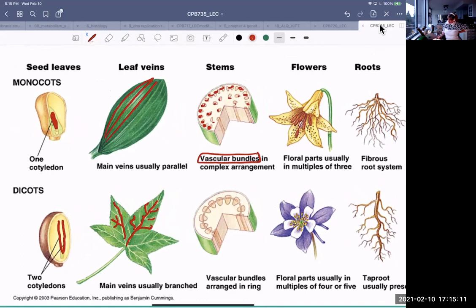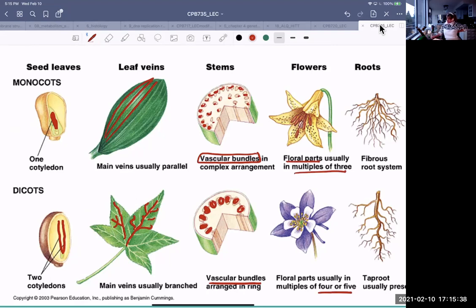But with dicots, the vascular bundles are arranged in a ring. Very simply, and that's it. The flowers of monocots are often, the floral parts, like the petals, in multiples of 3, and dicots are often in multiples of 4 or 5.